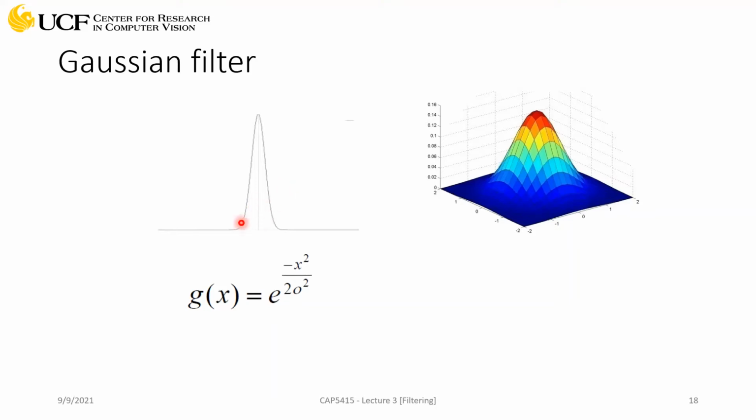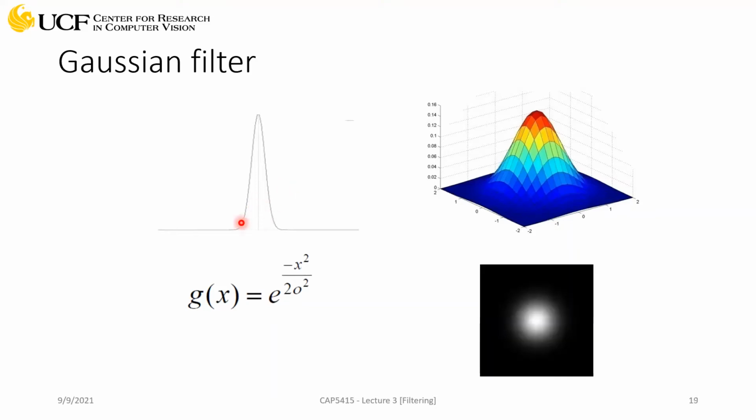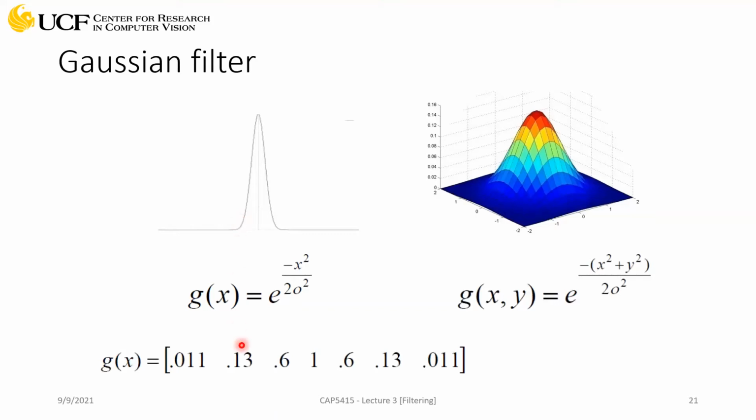For example, if I have to create a 1D Gaussian filter, I will discretize this. The center will become 1, and then I will pick 0.6 from maybe here, 0.6 from here, and then this is 0.13 maybe at this location, 0.0 from this location, right? I'm just picking discrete values.